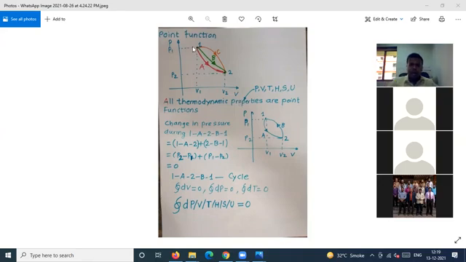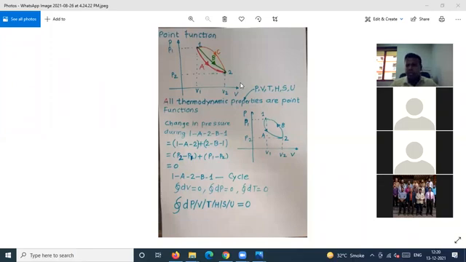I repeat, when I start moving from point number 1, either through path A or path B or path C, I will reach the same point, point number 2, where pressure is P2 and volume is V2. That's why properties like pressure, volume, temperature, enthalpy, entropy, internal energy are called point functions.